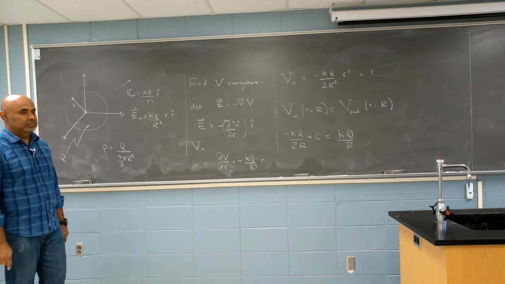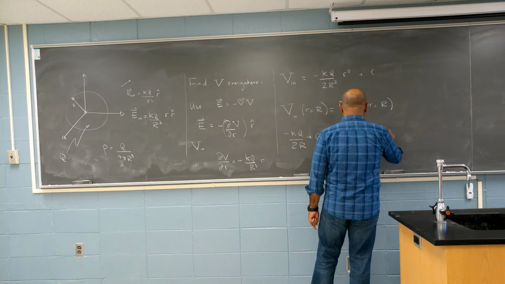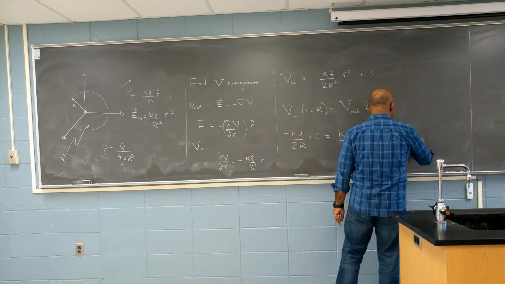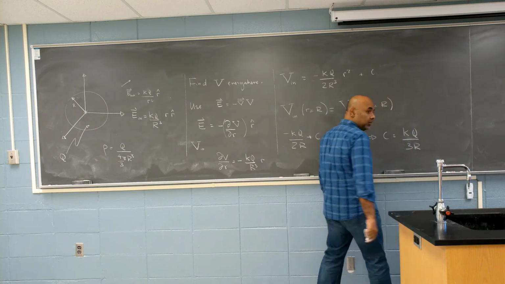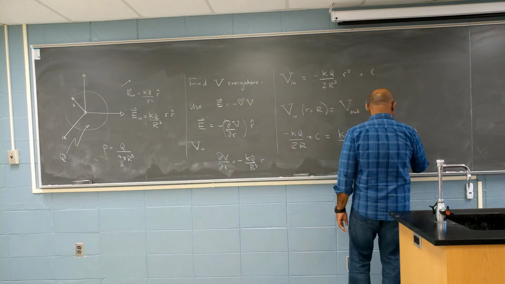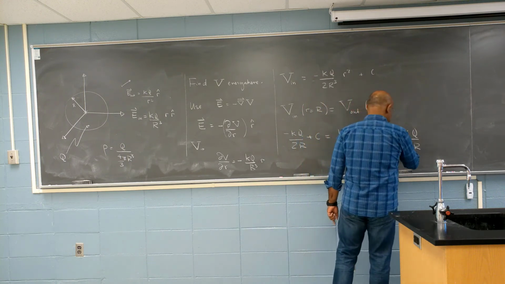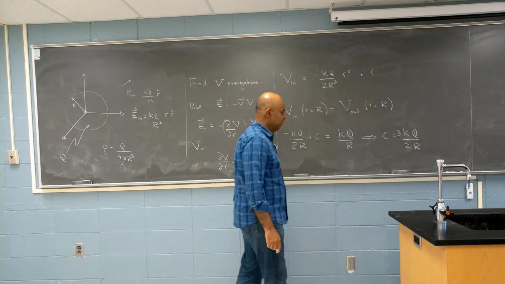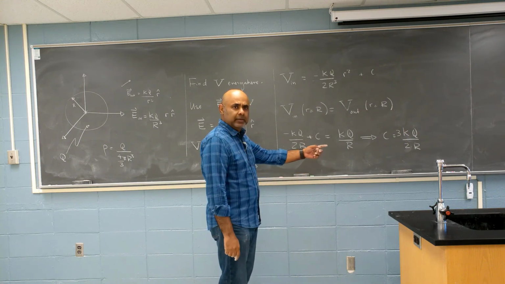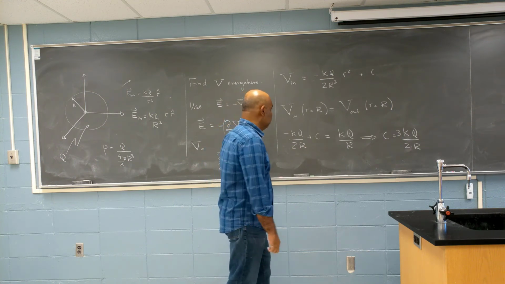Is that true? Please remember, if I make a mistake, it's on you. So what does that mean? C equals KQ over 3R... no. What is 1 plus 1/2? It's 3/2. Is that true? Good.